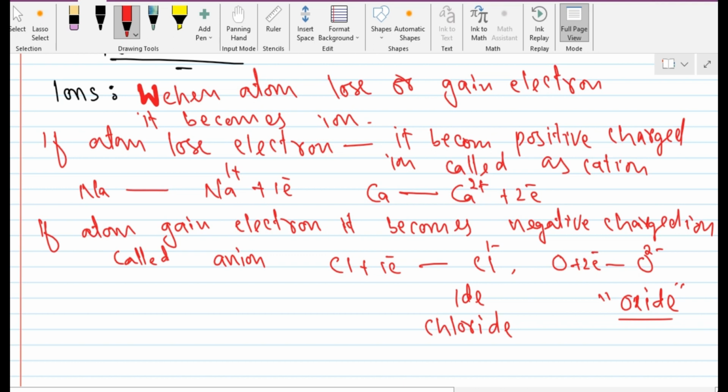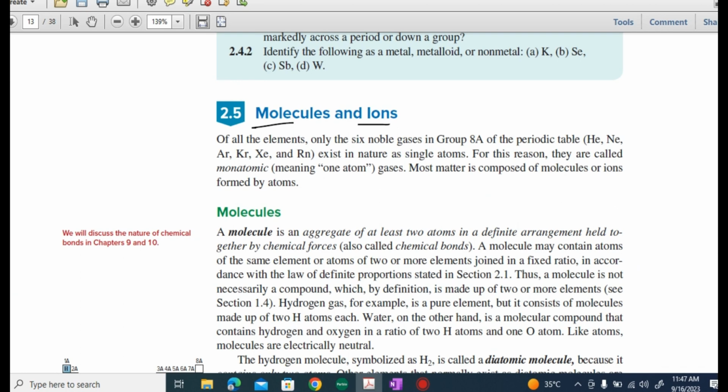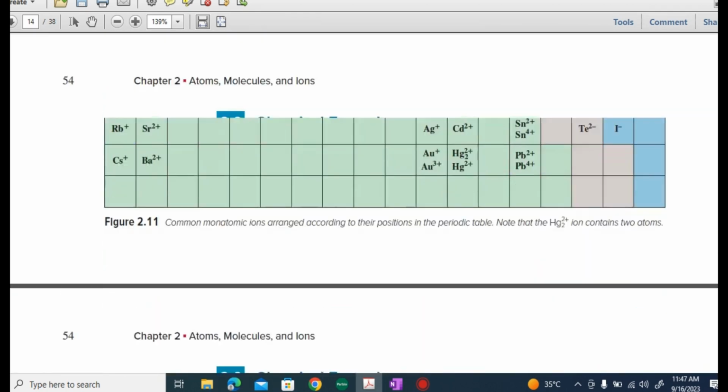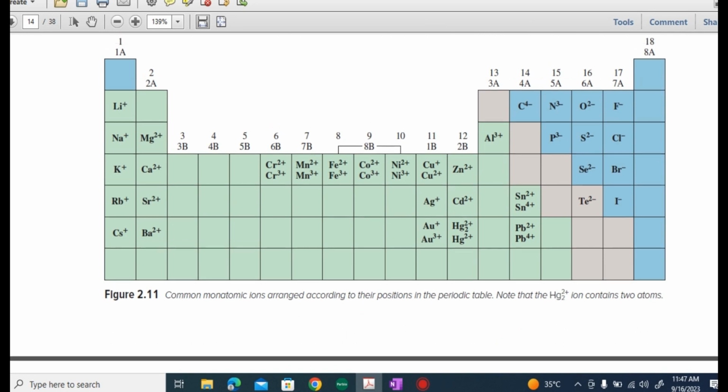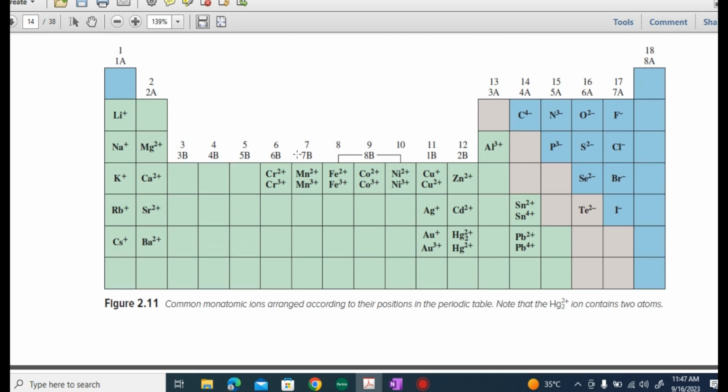Now I'm going to show you from your book the simple positions for the charges of ions. How are you going to figure these out? If you successfully remember the charges of only these, you will be able to write the maximum number of formulas required at your level. No need to memorize everything.